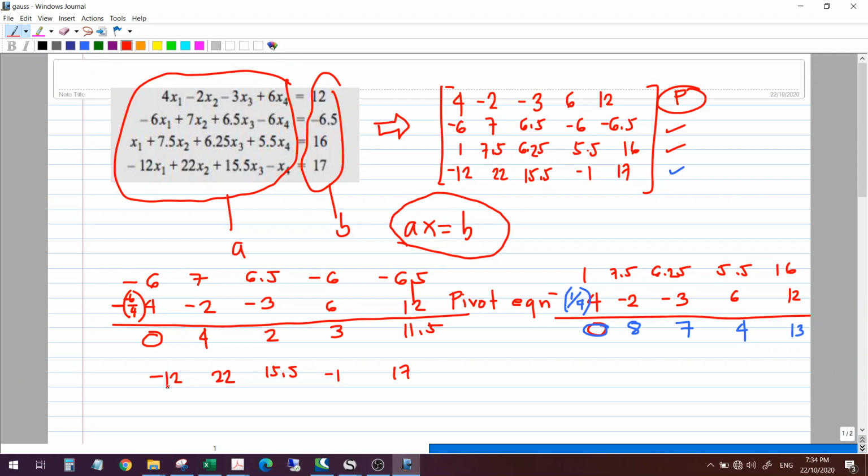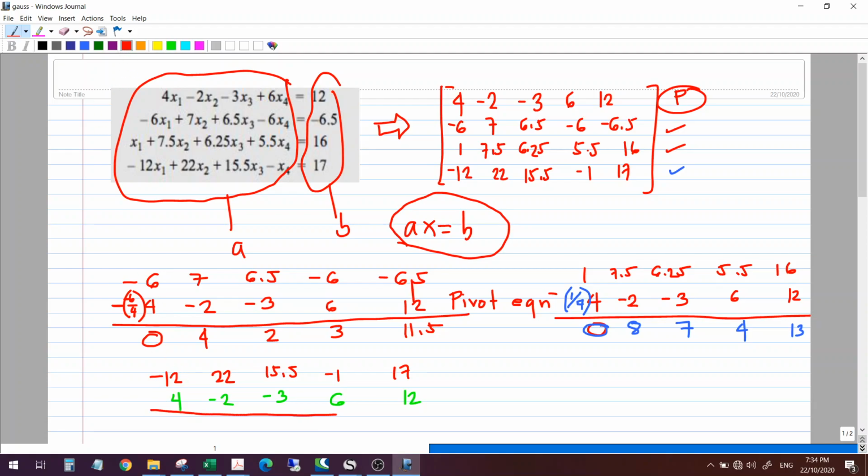Then write down the pivot equation again. Maybe I'll choose a different color for the pivot equation. So 4, -2, -3, 6, and then 12. So this is the pivot equation.